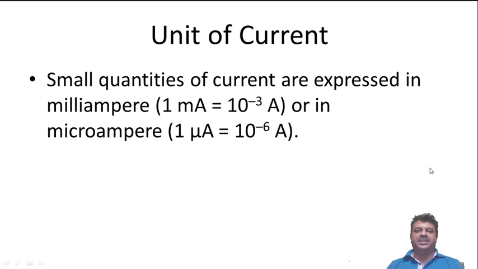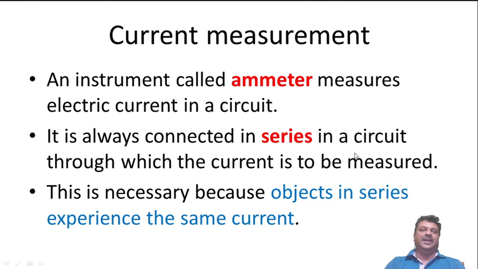If the quantity of the current is small, then we can use milliampere or microampere, in shorter form milliamps and microamps. 1 milliamp is 10 power minus 3 amps. 1 microamp is 10 raised to minus 6 amps.